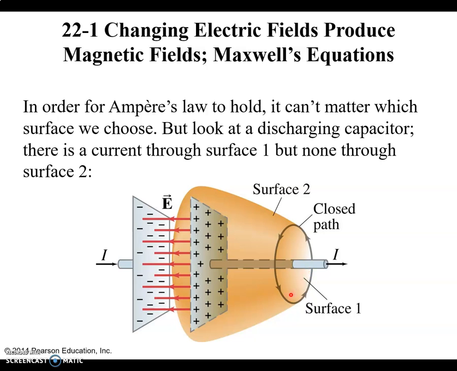But if we take surface 2, notice that there are no currents passing through surface 2. And yet there's still a magnetic field around the edge of surface 2. Ampere's law states that there would be a magnetic field. There should be a current then as well. But this figure doesn't agree. You have a magnetic field, but no current passing through surface 2.